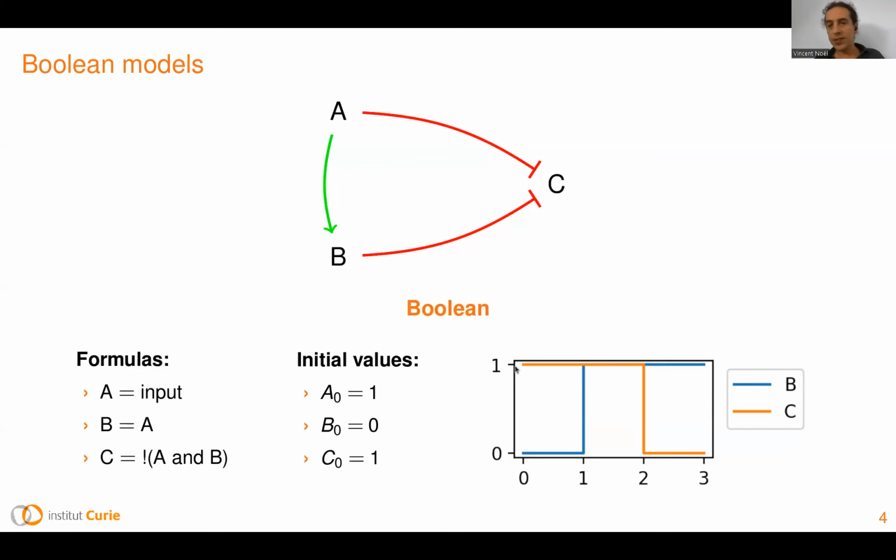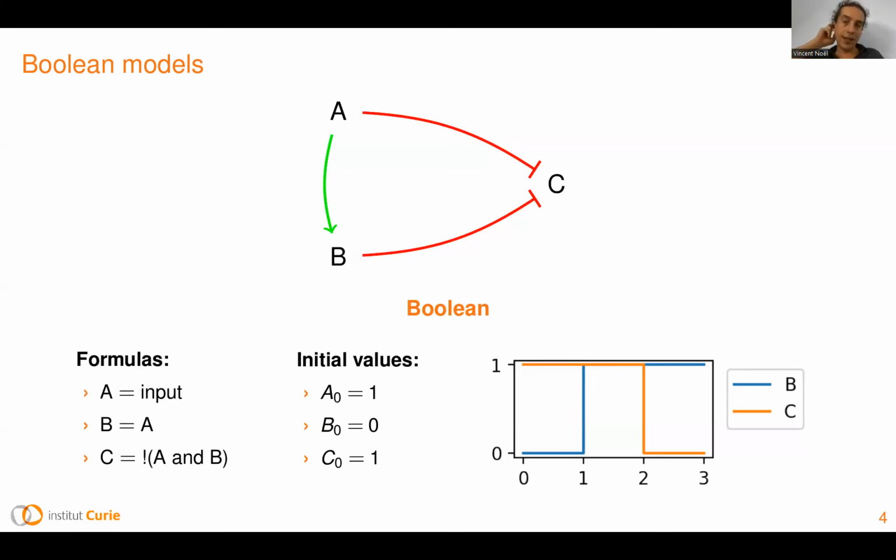And you can see that we start with C equal to 1, so C active, B equal to 0, so B inactive. First thing we do is activate B because of the influence of A. And then once both A and B are active, C will become inactive. So this is a very simple example of Boolean model and Boolean simulation.